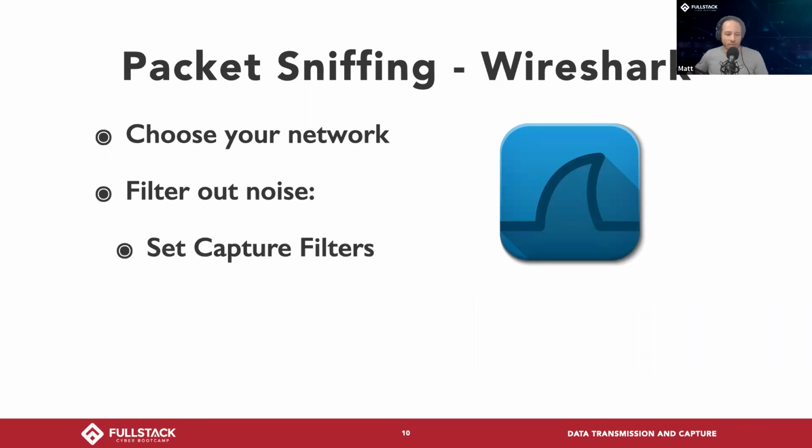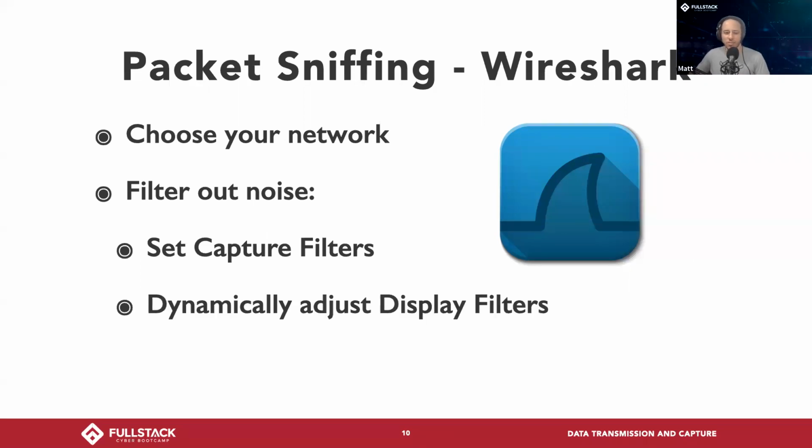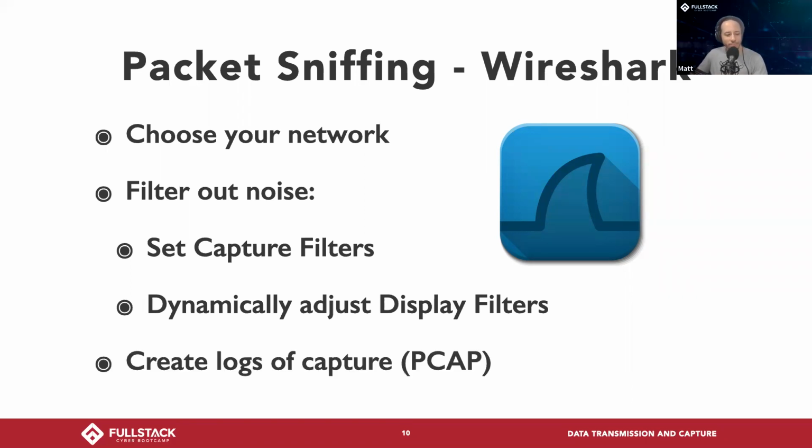We set what type of filters we're going to capture, so what data we're actually going to capture with Wireshark, and we set filters for what we're going to display on our screen. A lot of the work in analyzing traffic is looking through a haystack for needles and getting particularly good at that, because a lot of junk happens as things travel over the wire.